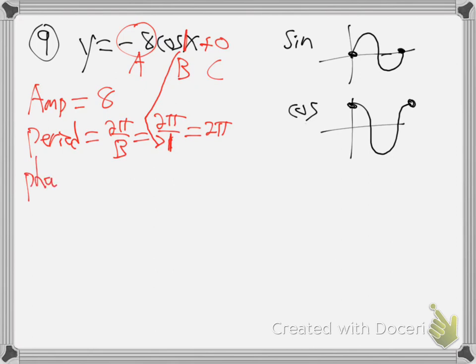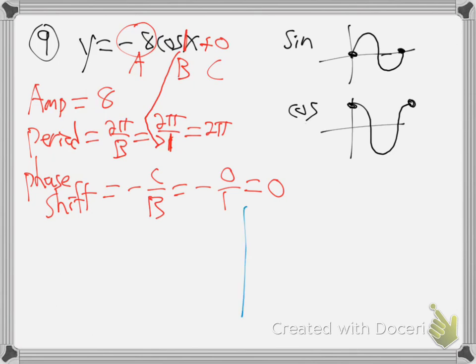And the phase shift is negative c over b. Yeah, it's weird. It's 0. So C is 0, B is 1, so that's just 0. Is 0 over anything 0? Even negative is still just 0. Good, okay, so now we're ready to do the graph.